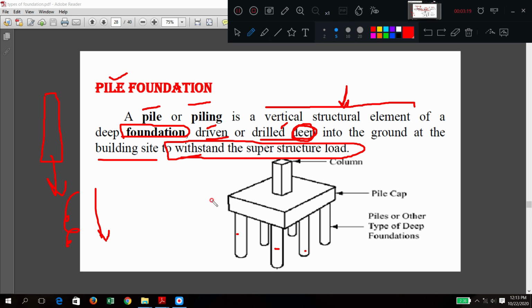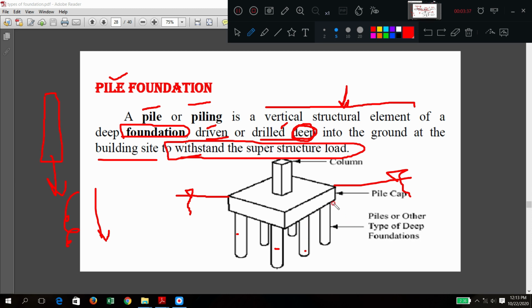Typical diagram. Here it is the ground level. Now we first drive the piles here, driving the piles or construction of piles, at a proper distance depending upon the design.